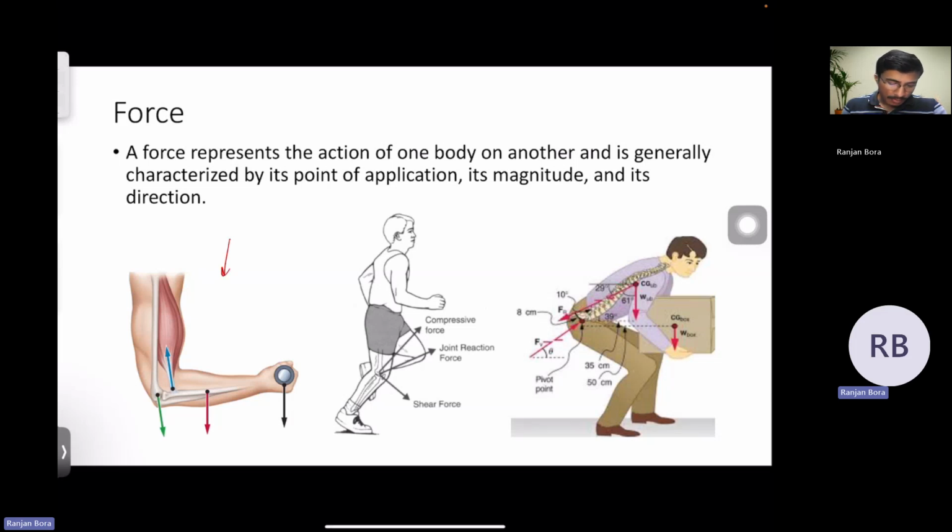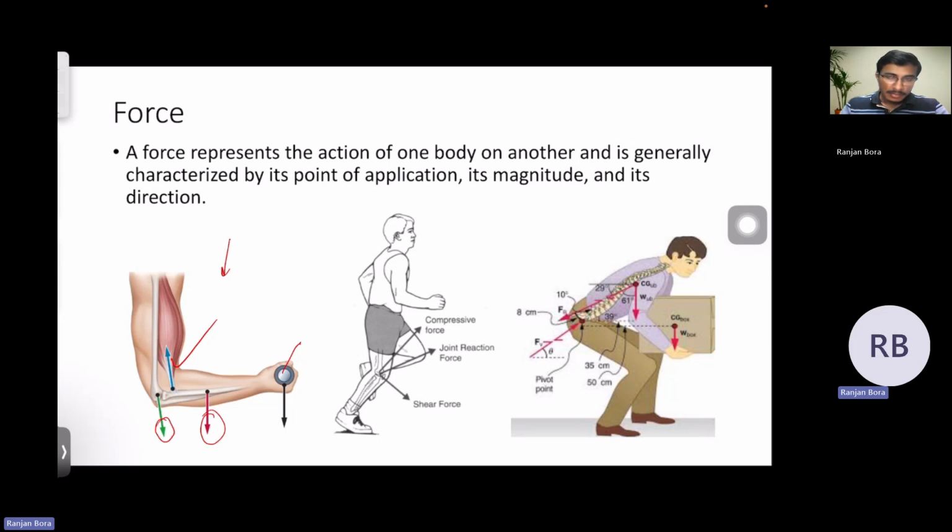The weight of this dumbbell acts in the downward direction, shown with the black arrow, and this red arrow shows the force which acts because of the weight of the forearm. And this green colored arrow represents the joint reaction force which acts at the humerus and at the elbow joint.